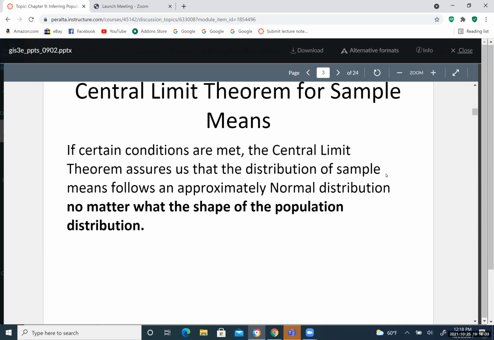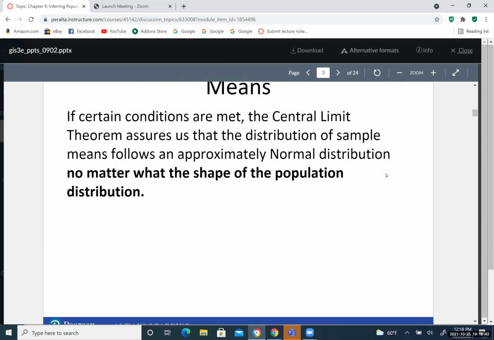And why? Because a normal distribution is a bell shape, so we can compute more easily by running StatCrunch.